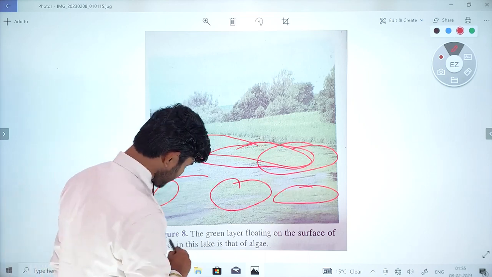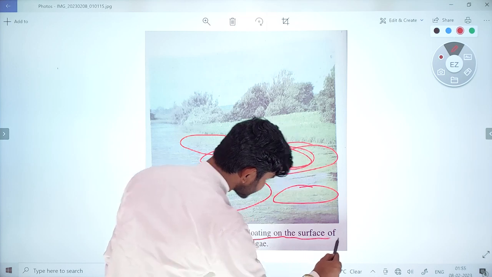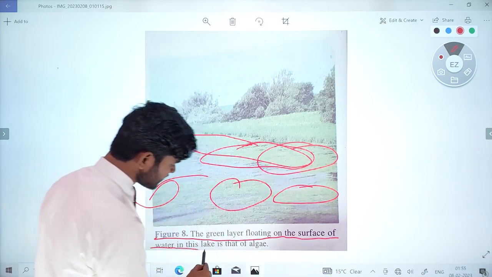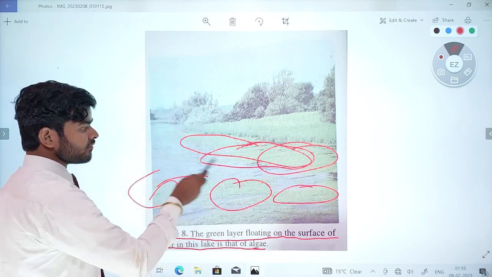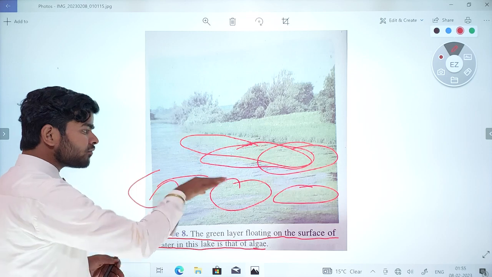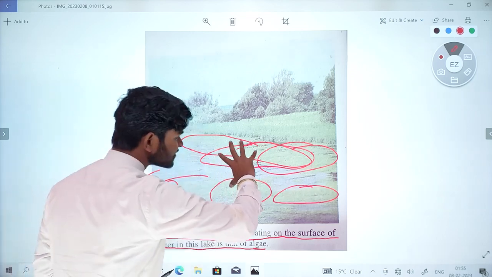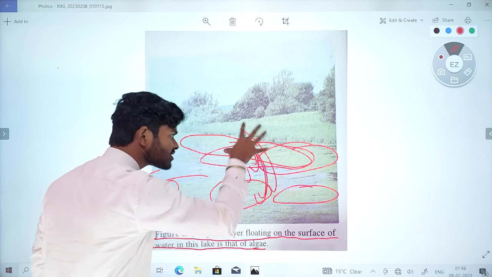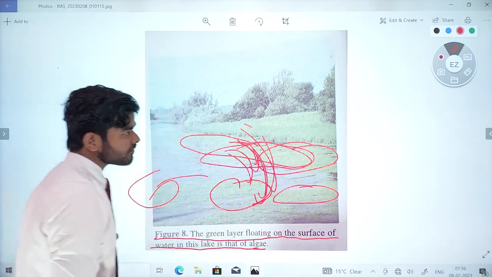The figure shows the green layer floating on the surface of water in this lake, which is algae. The green layer floating over this water is the structure of algae.